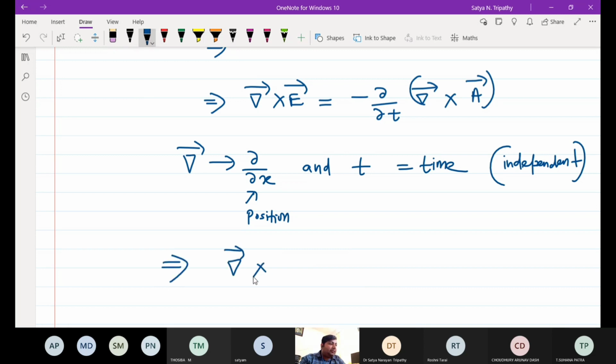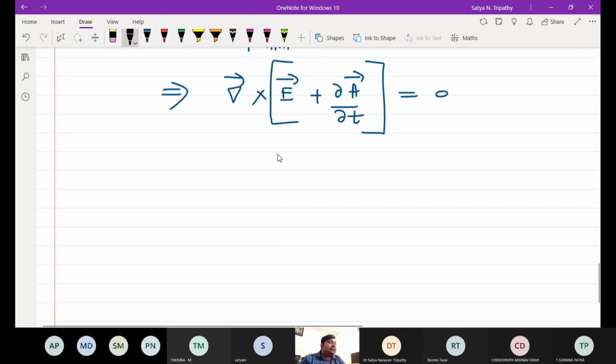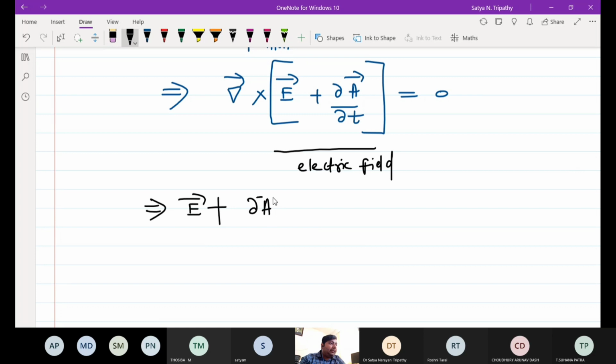Del cross (E plus dA by dt) is equal to 0. Now this term is basically an electric field, and its curl vanishes. That means the vector E plus dA by dt is conservative.